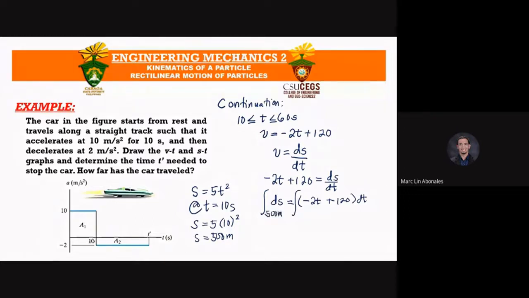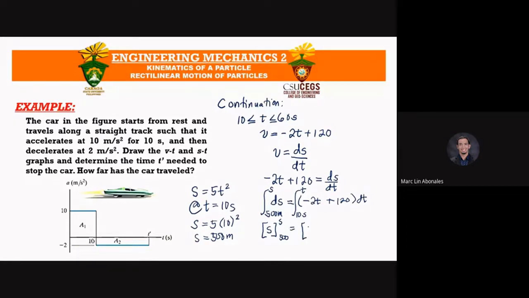Then the upper limit is S. Here in this integral, our lower limit is 10 seconds and the upper limit is t. So we will integrate this one. Integration of ds, that is S, from 500, is equal to integration of this expression, negative 2t plus 120.